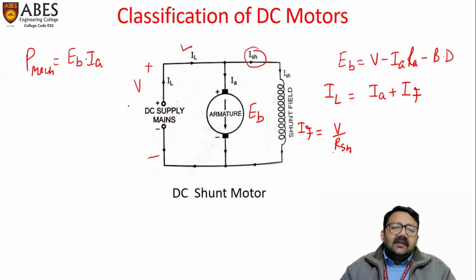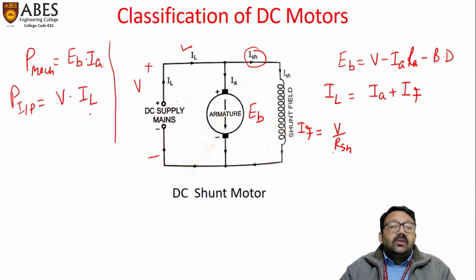We have already discussed that the mechanical power for all types of motor is given by EB into IA. This is the mechanical power developed in the motor armature, and the electrical input supplied to the motor, this input power, is V into IL, where V is the supply voltage and IL is the line current. So this is DC shunt motor.